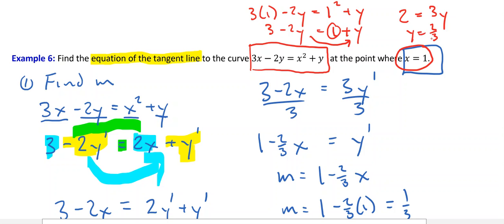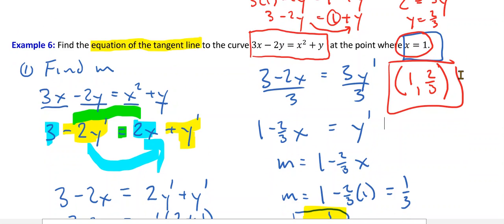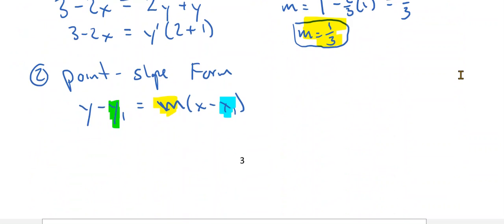So when x is equal to 1, y is equal to 2/3, giving us this ordered pair. So we can substitute these in. So y minus 2/3 is equal to 1/3 times x minus 1.